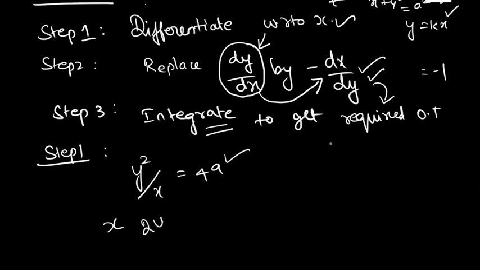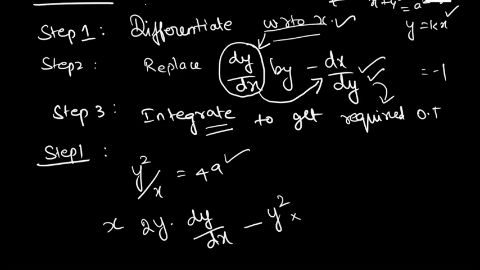Y square differentiation is 2y into dy by dx, because we are differentiating with respect to x here. So this is very important: 2y into y dash also, if you want, we can write. And then minus, write the numerator y square, differentiation of denominator x is 1, divided by denominator the whole square is equal to 0.